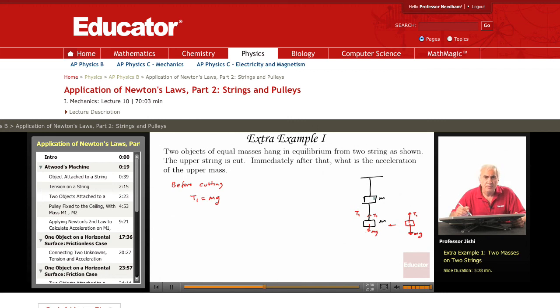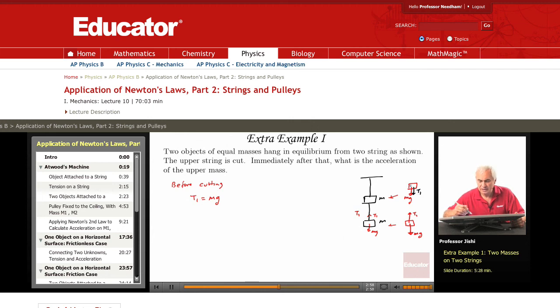How about the upper mass? If I draw a free body diagram for the upper mass, I have mg down first. And then I have T1 also down, which is equal to mg.